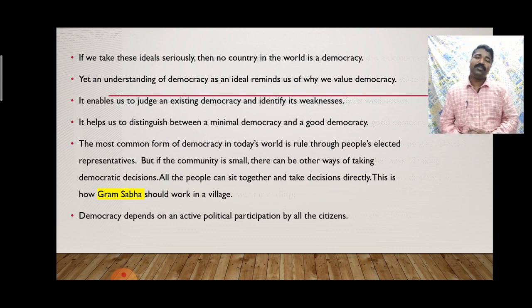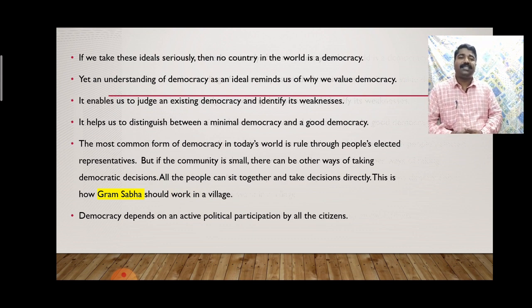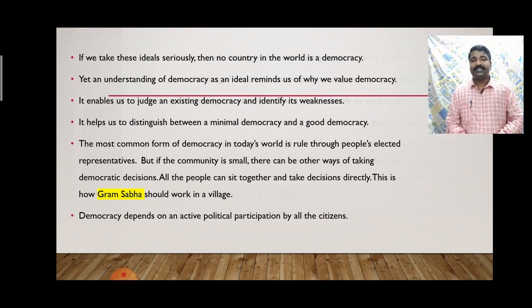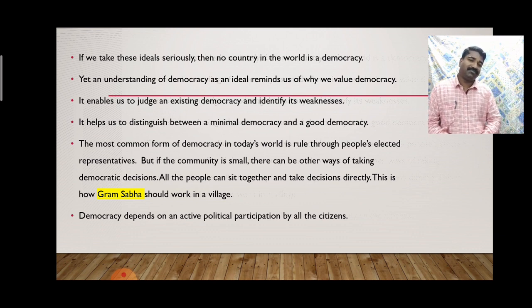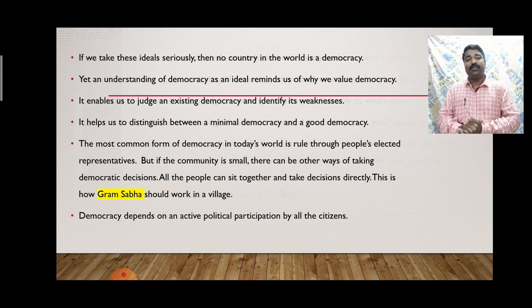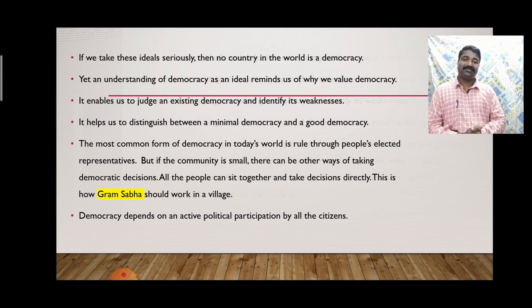This is how you have seen that a Gram Sabha works in a village. Gram Sabha is a democratic center. You have to observe how your Gram Sabha works. You can also compare the Gram Sabha with our ideal democracy, our good democracy.